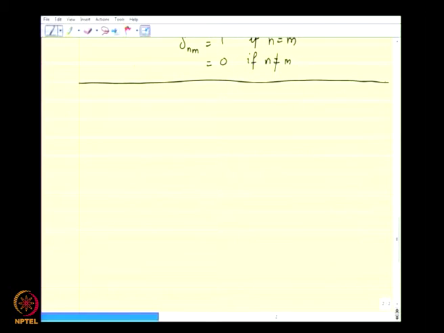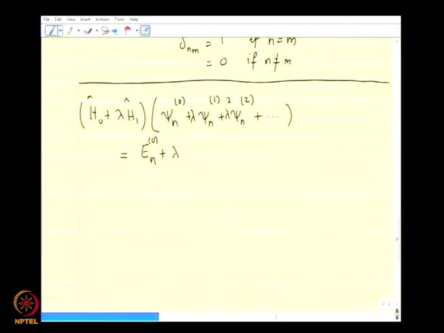So what I am going to do is to write down the two equations that we need, namely H naught plus lambda H1, and now we shall write the wave function as we had proposed, namely psi n 0 plus lambda psi n 1 plus lambda square psi n 2, plus so on, and we shall write this using the energy expression that we have proposed, En 0 plus lambda En 1 plus lambda square En 2 plus so on, acting on or multiplying the wave functions.